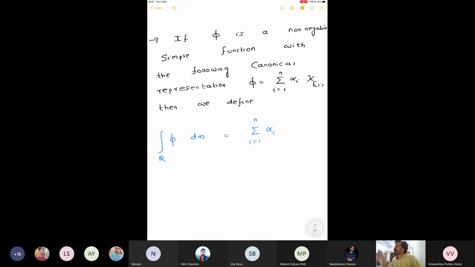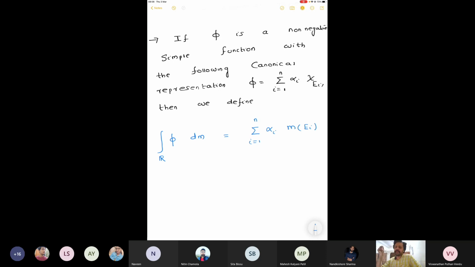That is the width times height of that rectangle. Here the length of those intervals will be replaced by a quantification for Eis. Since Eis are sets in general, not intervals, the quantification is measure. So this is how we define it.